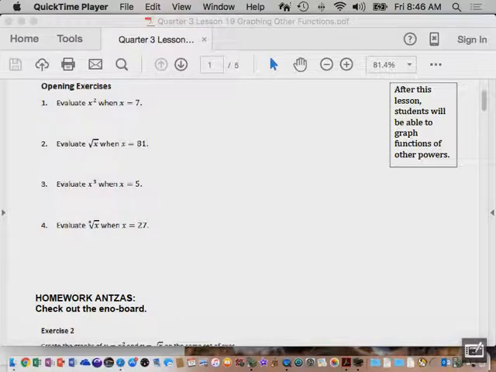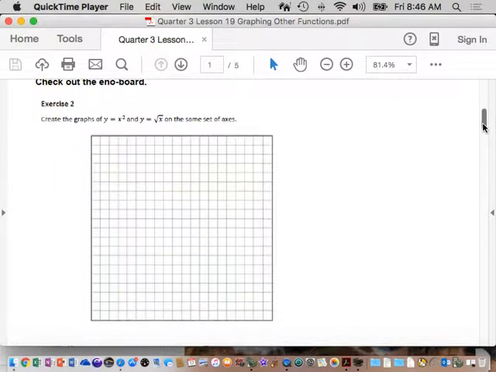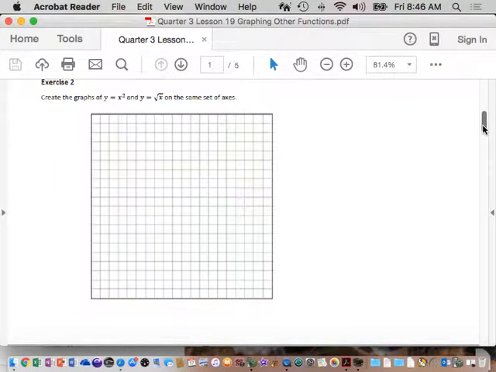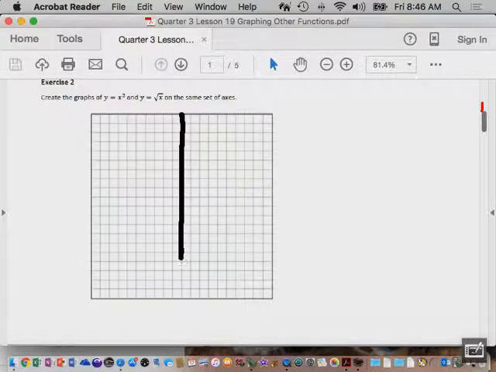So let's go to here, and it says, create the graphs of y equals x squared and y equals the square root of x on the same set of axes. So let's take some lines, draw them right down the middle. And to do these graphs, in all honesty, I would do them with your graphing calculator.